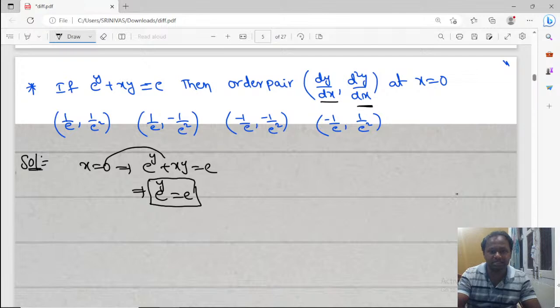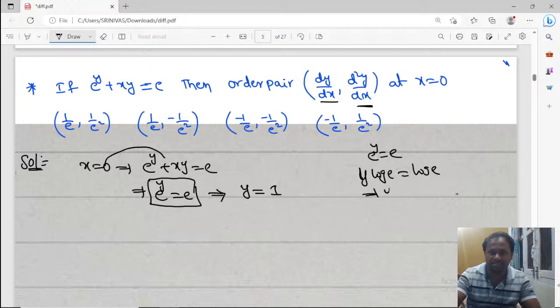e power y is equal to e implies, from this also what we get, y is equal to, if we apply log on both sides, y is equal to 1, because log e base e value is 1. Okay, e power y is equal to e, y into log e is equal to log e.